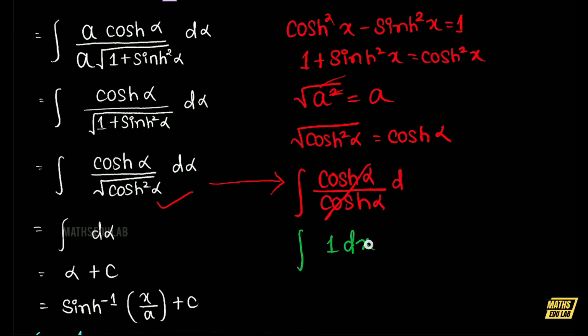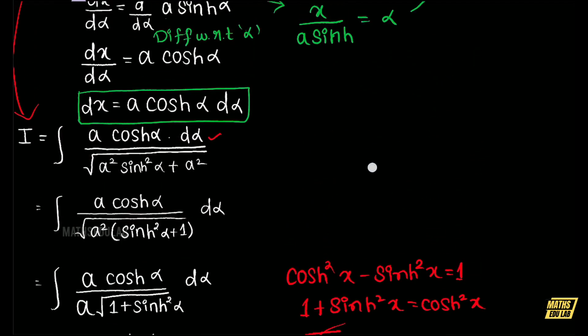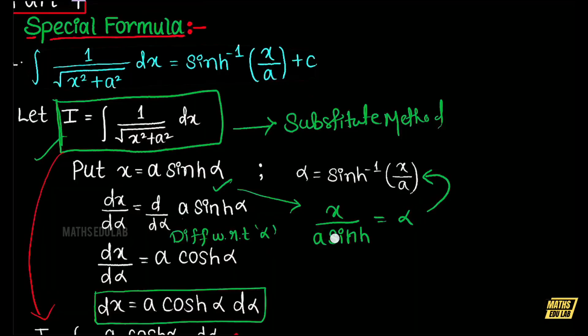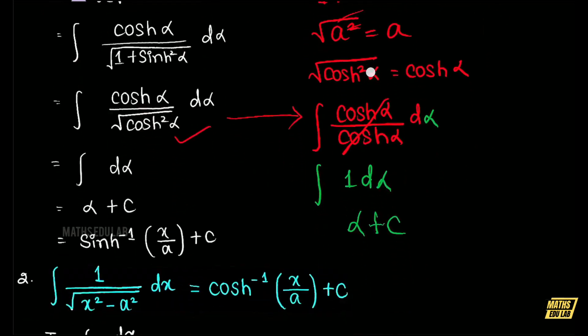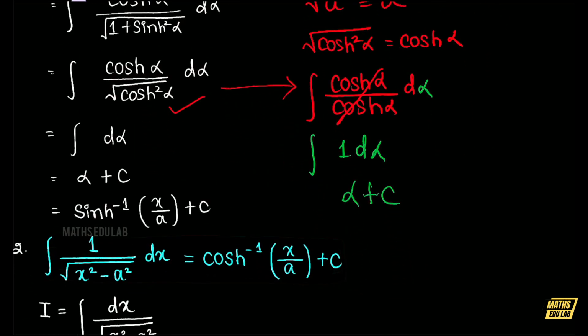There is a minor mistake, kindly change it to alpha. So alpha plus c. Then I substitute the value of alpha, which is sine hyperbolic inverse x upon a, so we get sine hyperbolic inverse x upon a plus c. So this is the first formula.